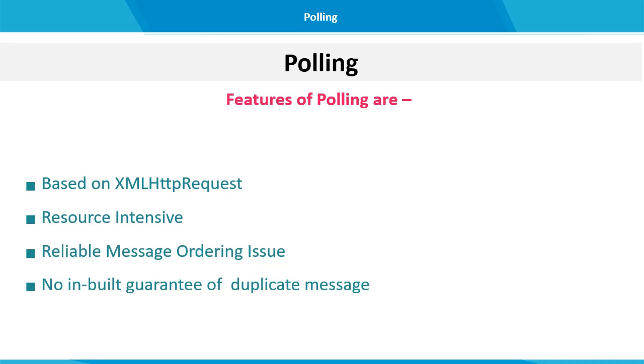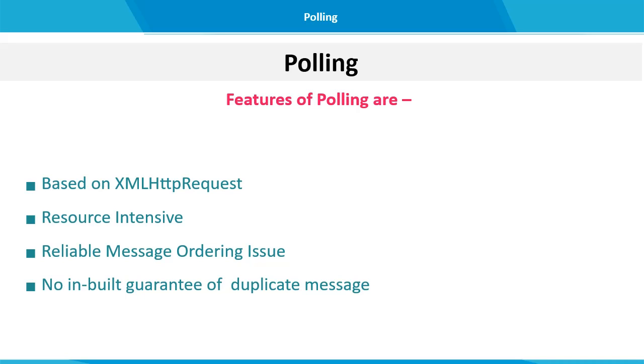Now come to the polling mechanism. In polling, the client repeatedly sends requests to the server for data. The client makes a request and waits for the server to respond with the data. If no data is available, an empty response is returned.